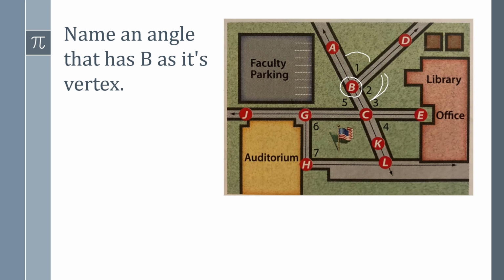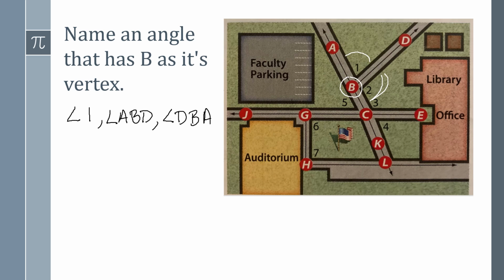We could have a couple of different names for these two angles. Let's go with angle number one. Angle number one, we would also call angle ABD and angle DBA. The letters can be switched, and as long as B is in the middle, it's correct.